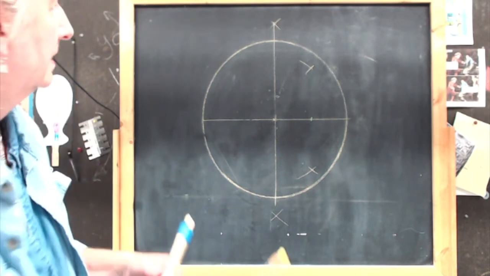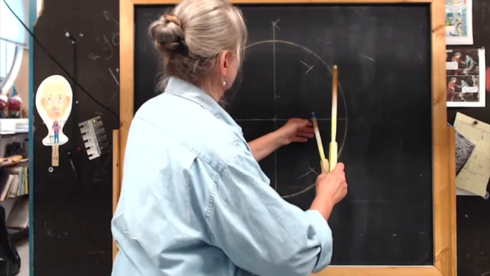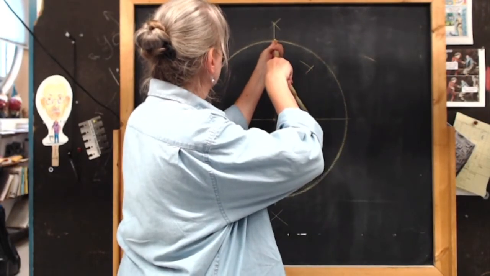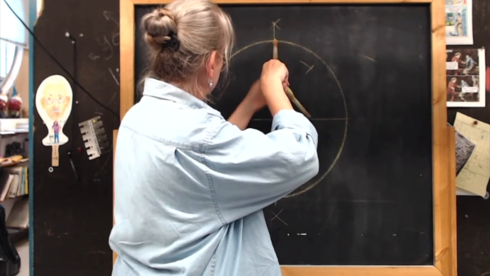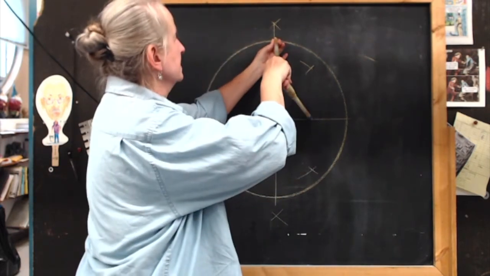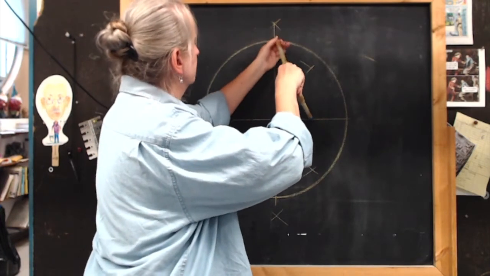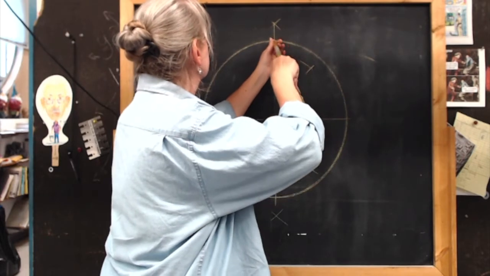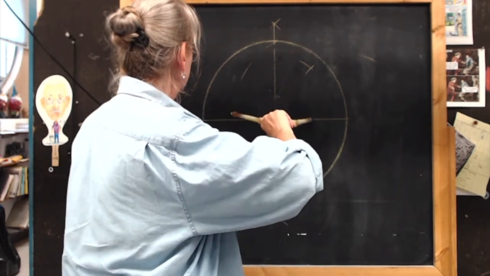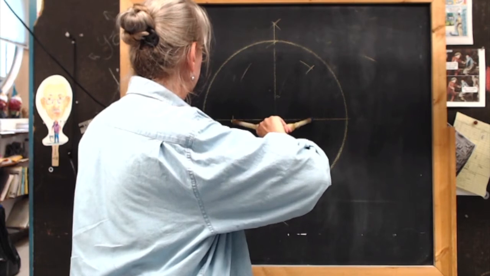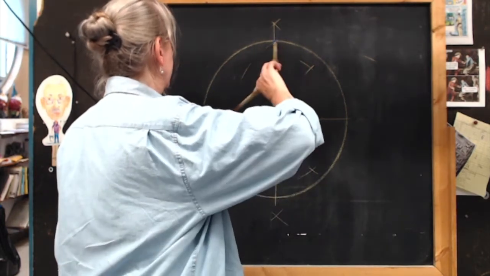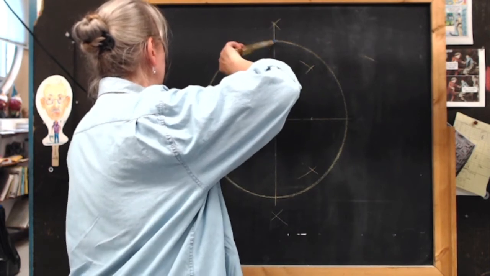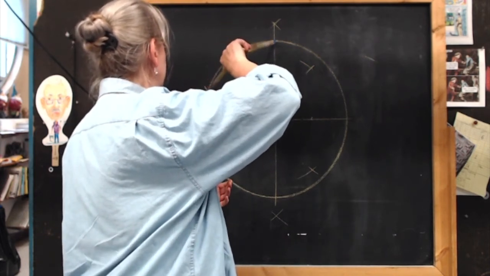Then, from that point, I'm going up here, and I'm finding this distance. Drawing an arc down to here. Then from there, I'm drawing an arc up to here.